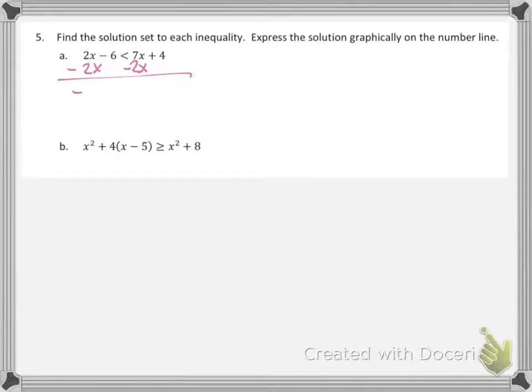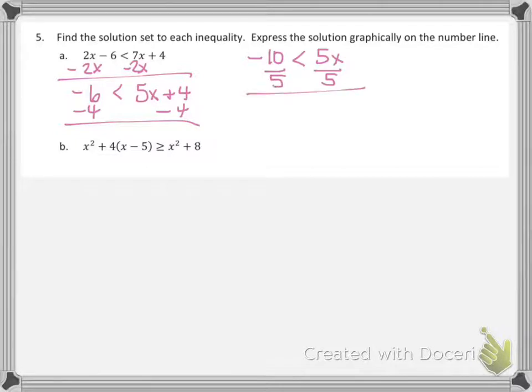That would give me negative 6 is less than 5x plus 4. And then subtract 4 from both sides. And let's put that over here. That's negative 10 is less than 5x. And then divide each side by 5. That would give me x is greater than negative 2.